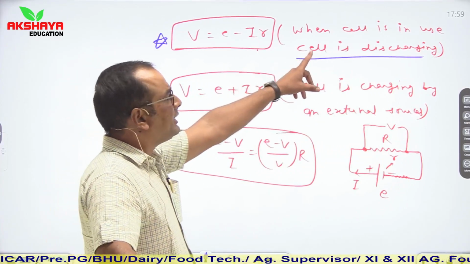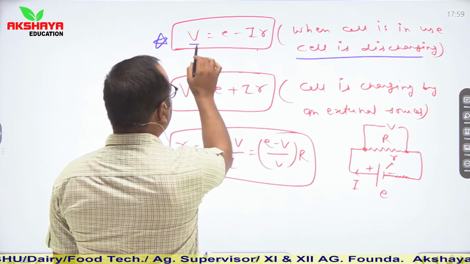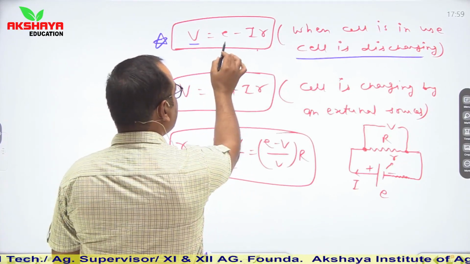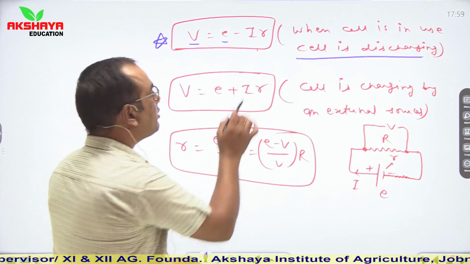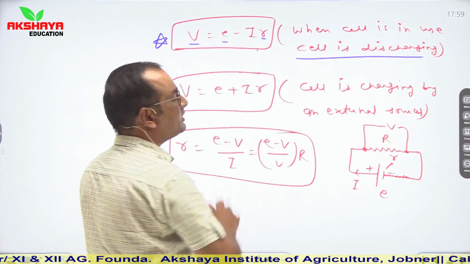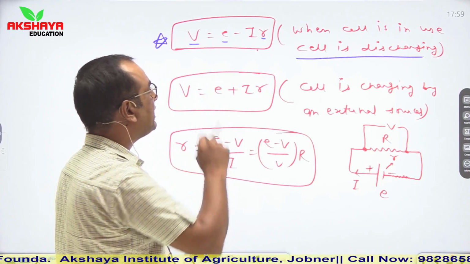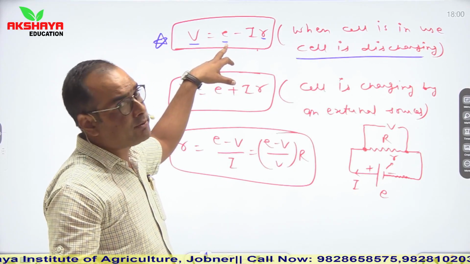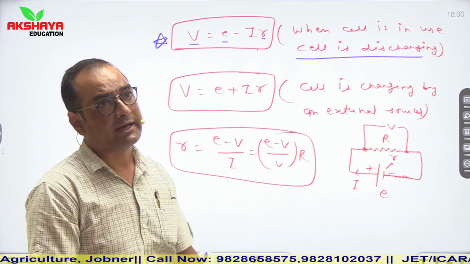So in case of discharging, this relation states that potential drop across that cell is always less than its EMF, because of this internal resistance. This internal resistance also produces a potential difference IR. So if we subtract IR from EMF of cell, then we find potential drop across its ends.